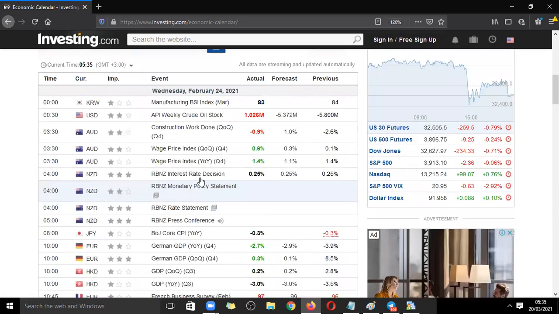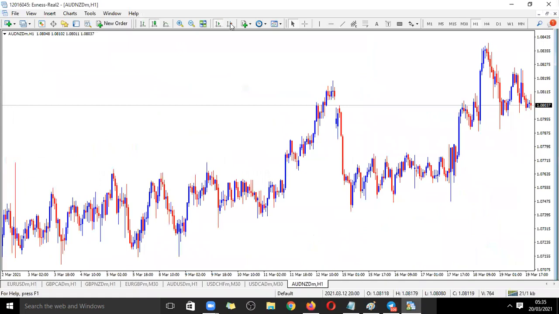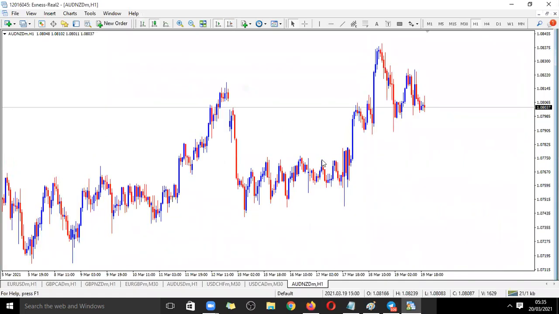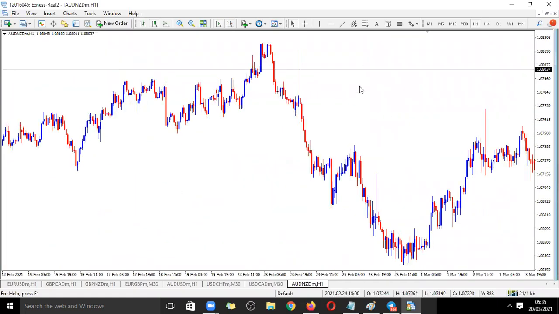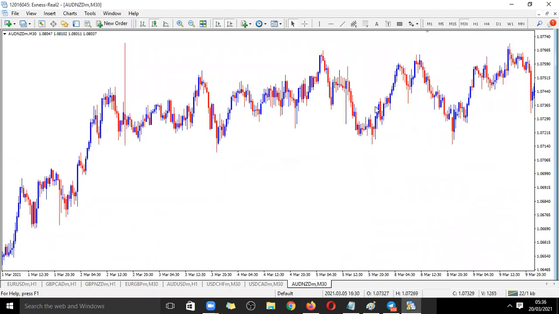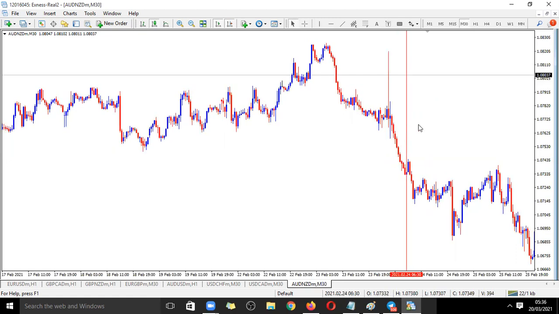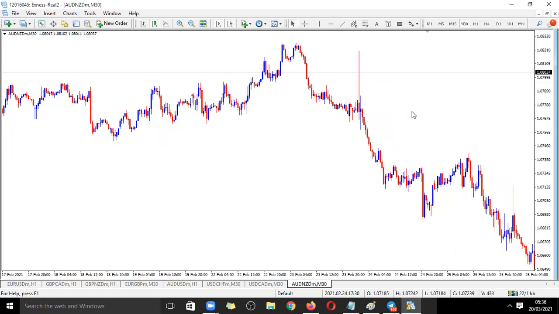Yeah, you can see it there. NZD interest rate decision. So let me just use this, Australia, New Zealand. Let me look for the 24th. Perfect. I hope you guys can see that. Let me just get back. So this was the 24th of February.